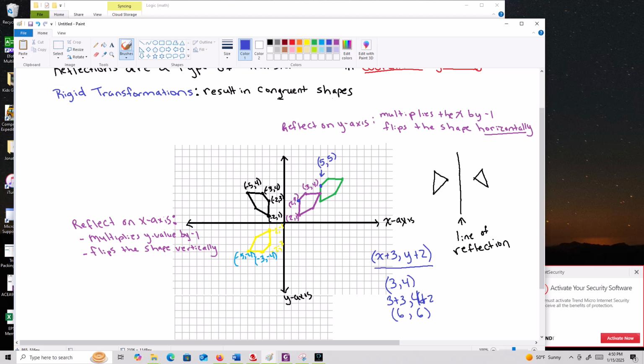Or I could go, I'm here now, and I want to go up 3. 1, 2, 3, and then I want to go right 2. 1, 2.